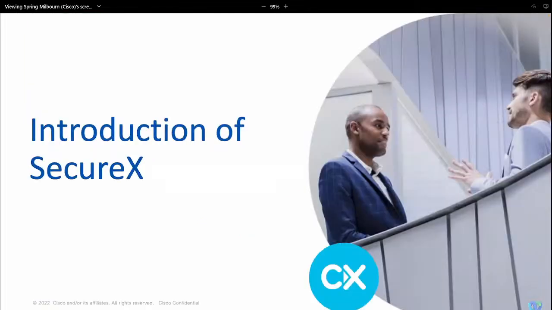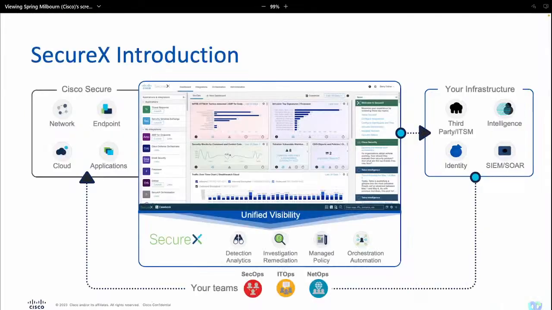So first, I'll give you a little introduction of SecureX. SecureX is a cloud-native platform. It's built with a goal to unify visibility of information while allowing your security, network, and IT operation teams to collaborate more effectively and efficiently.